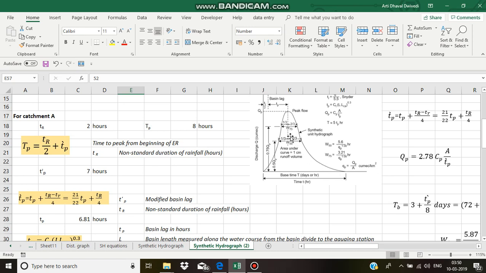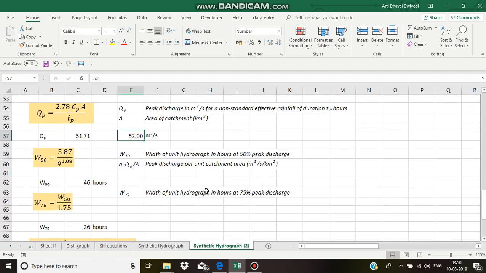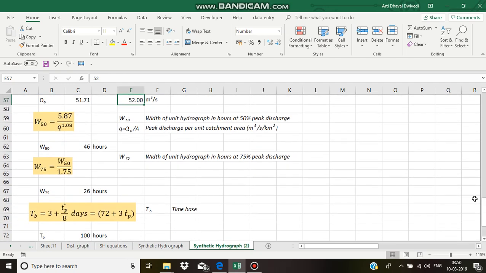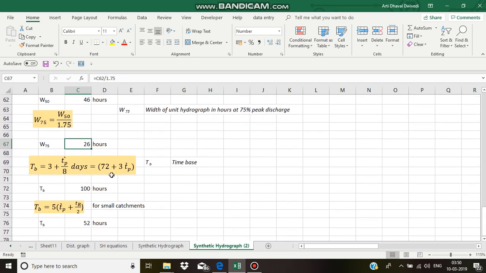We need to find W75, W50 and base time for catchment B. So W50 can be easily obtained using this equation, 5.87 by Q raised to 1.08. Q is QP by A, and we have the value of QP, and the area is also available for catchment B. So W50 is 46 hours, and we'll use this equation to calculate W75, W50 by 1.75, and basin lag can be obtained using this formula.